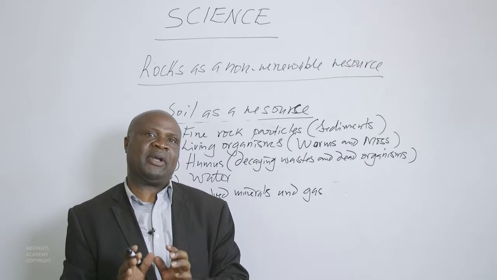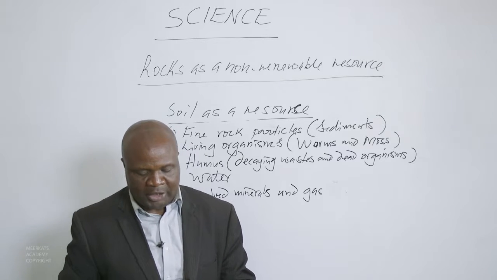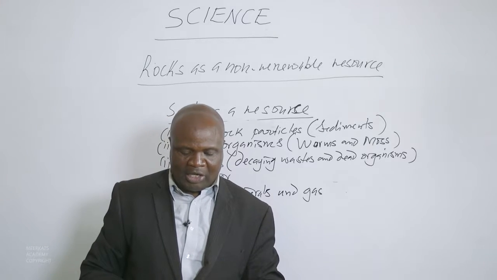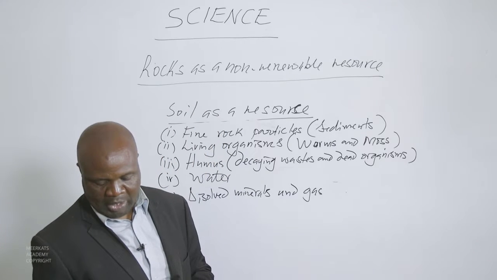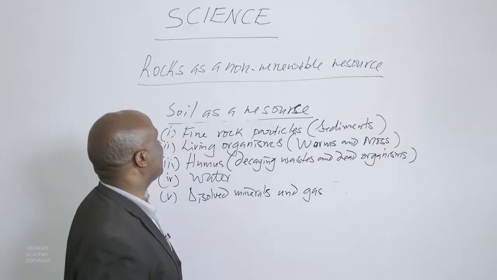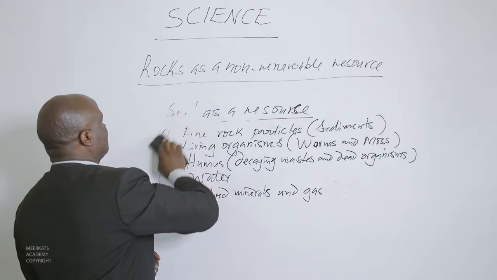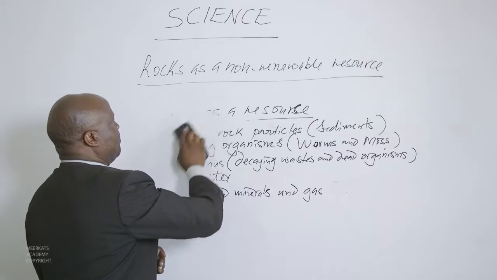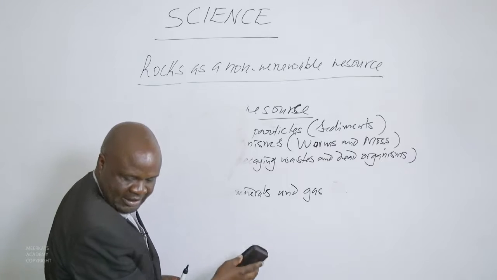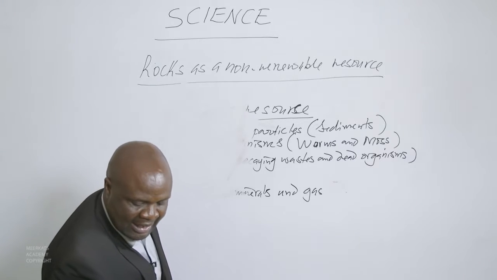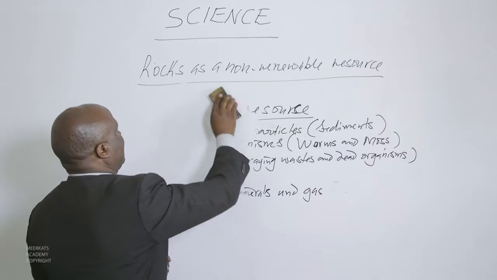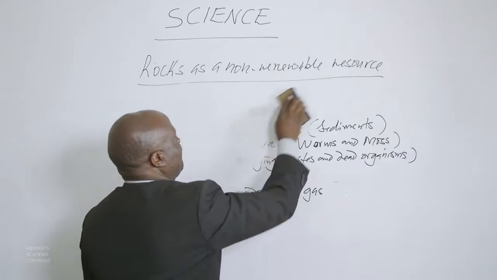So we have seen the components of soil. Now we want to see soil as a non-renewable resource. We can be happy that we have soil, but soil is a non-renewable resource.